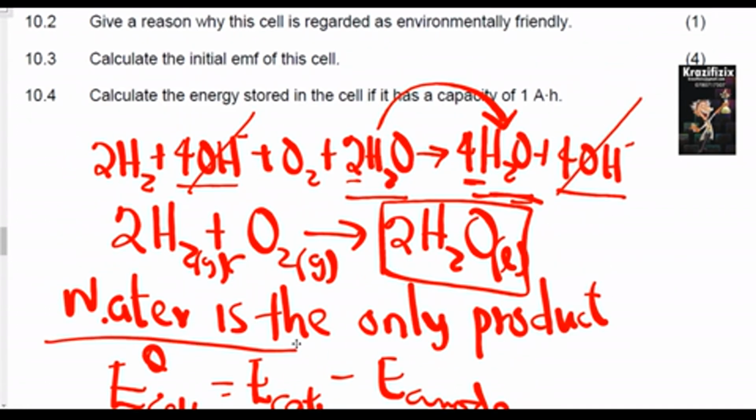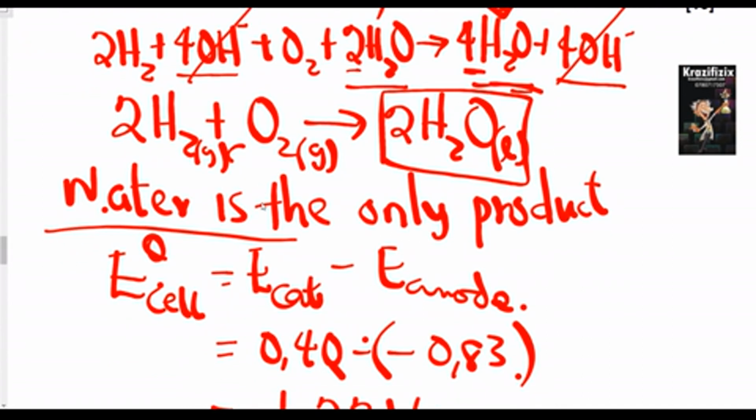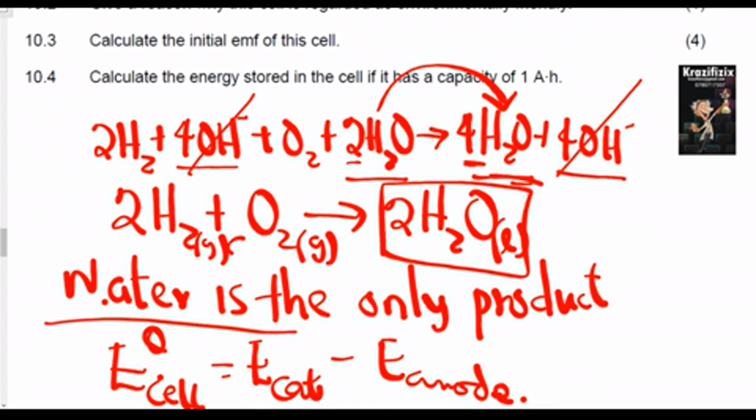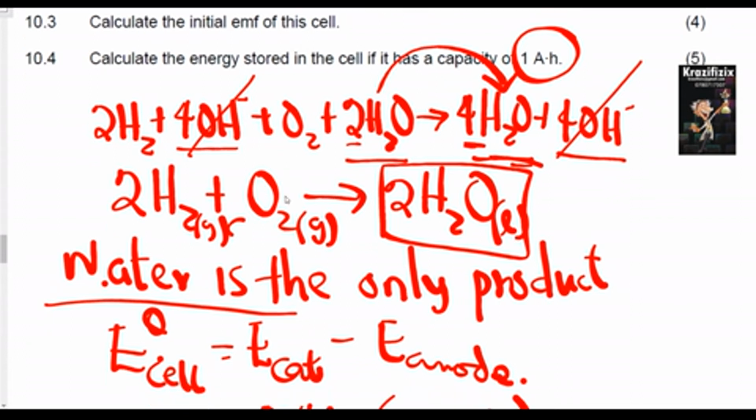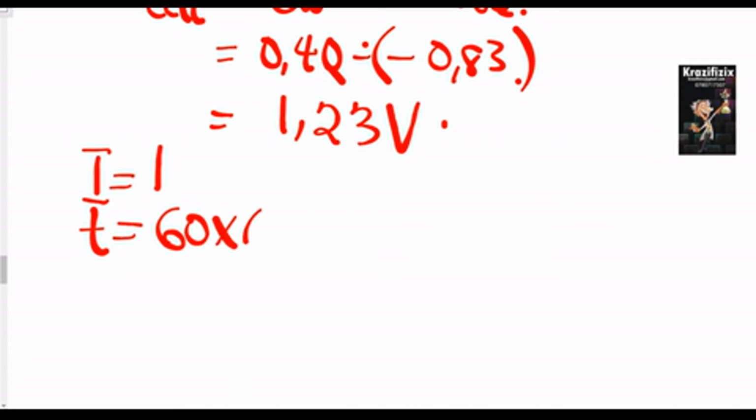Calculate the energy stored. This is another type of calculation. Energy stored, if the cell has a capacity of 1 amp hour. Already, we're given that I equals 1, and our T equals 60 times 60. We're looking for energy.